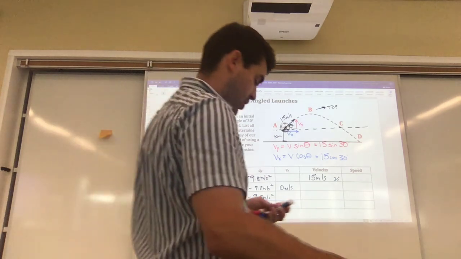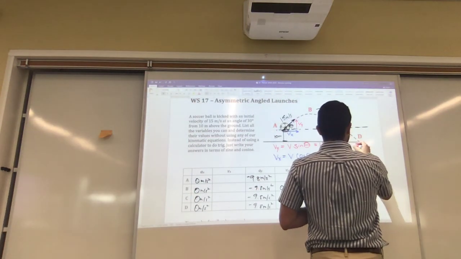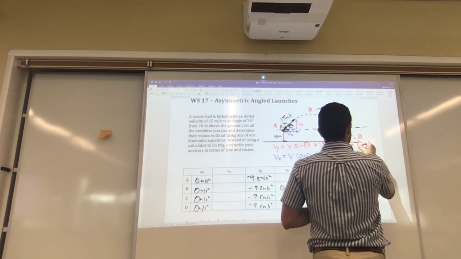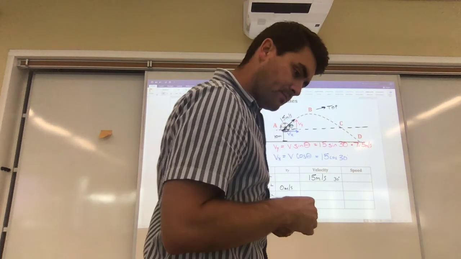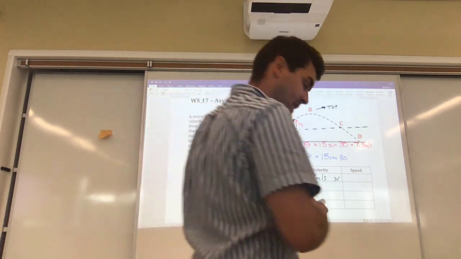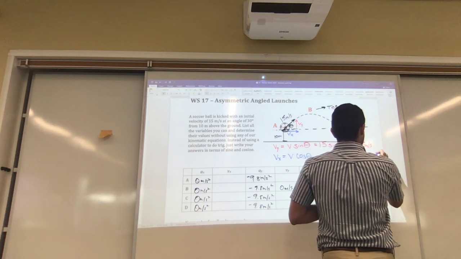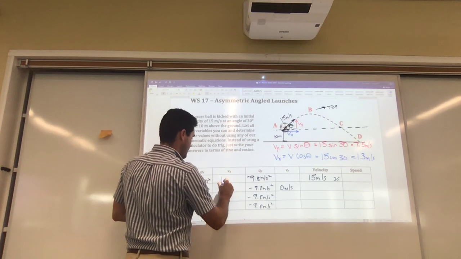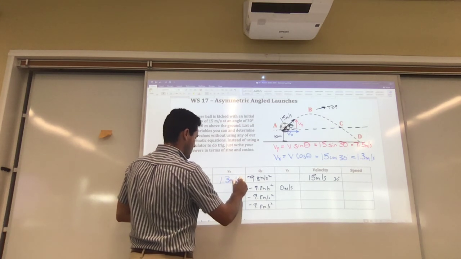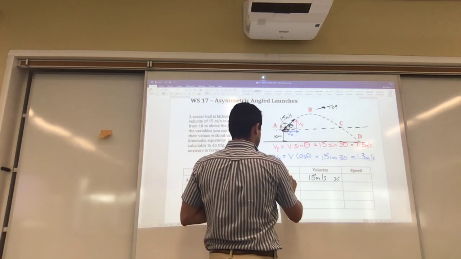All right, for my initial y velocity, I get 7.5 meters per second. And for my x velocity, I get 13 meters per second. And in the y direction, 7.5.